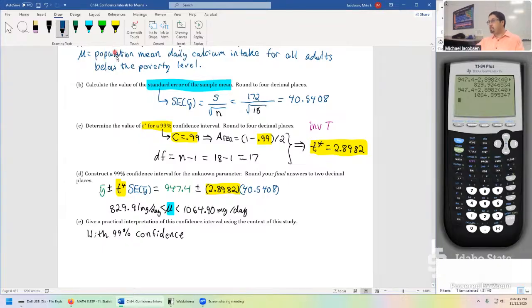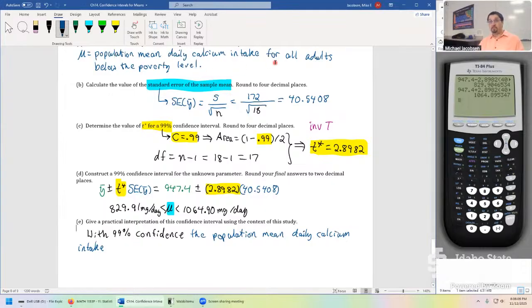We'll say the population mean daily calcium intake, that part represents the quantitative variable that we're measuring in this study.